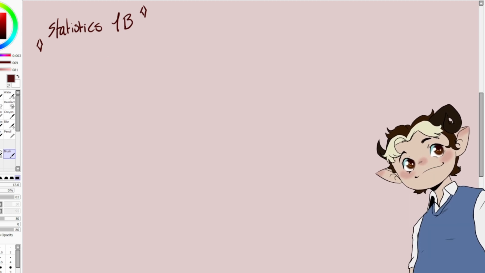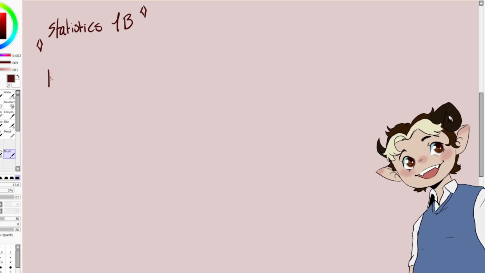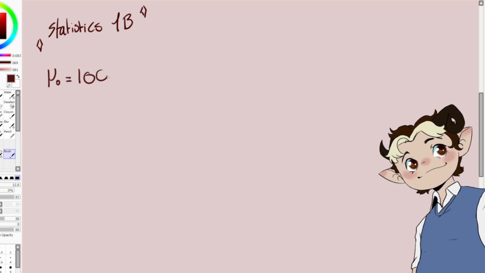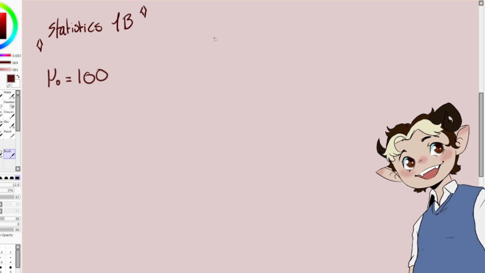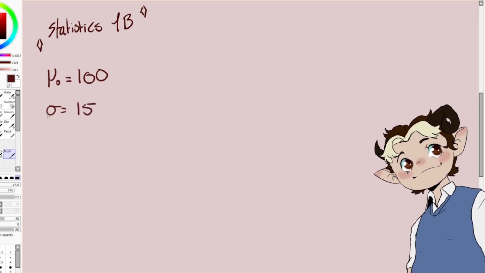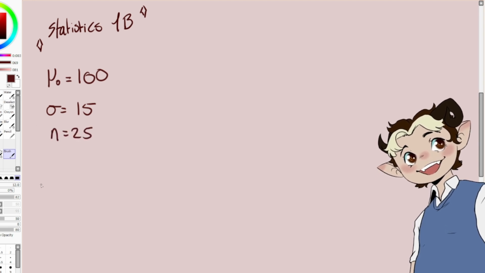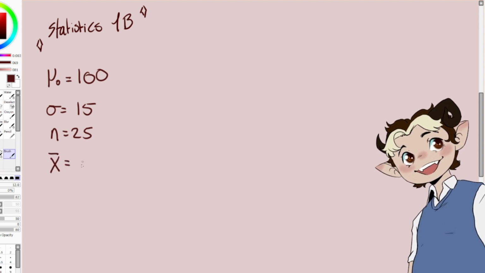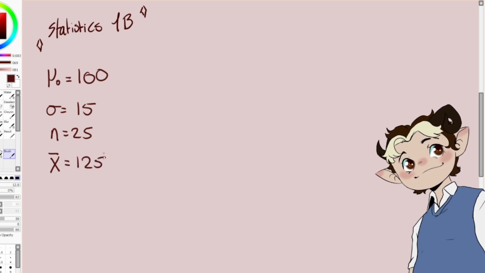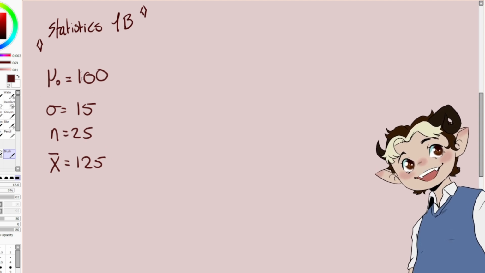So let's look at an example of IQ. Generally speaking, we have a null of 100, because usually we say that the IQ in the population is 100 with a standard deviation of 15. And then we grabbed a sample of 25 people. When we tested them and looked at their scores, we actually found a sample mean of 125, which is quite a bit higher than that mu of 100.